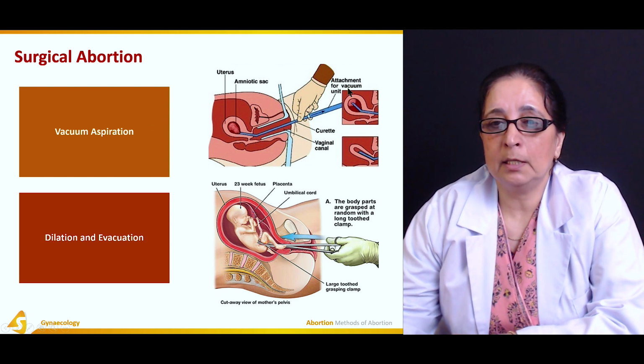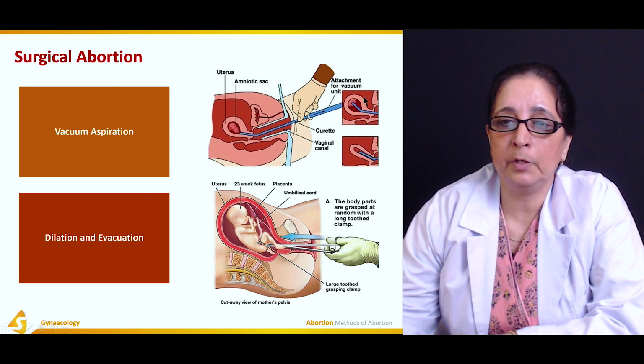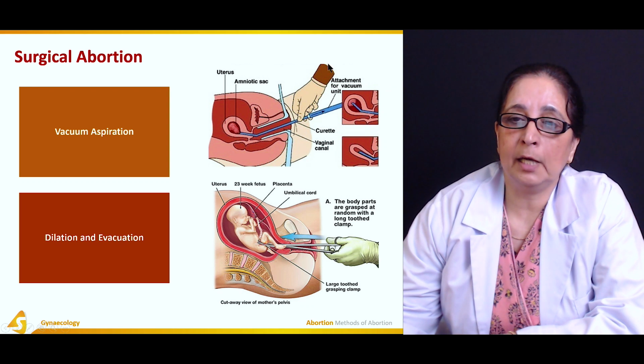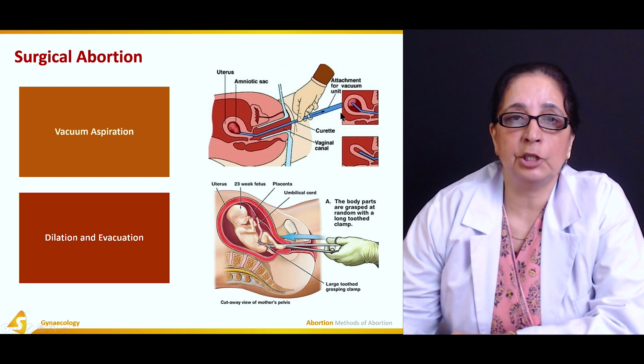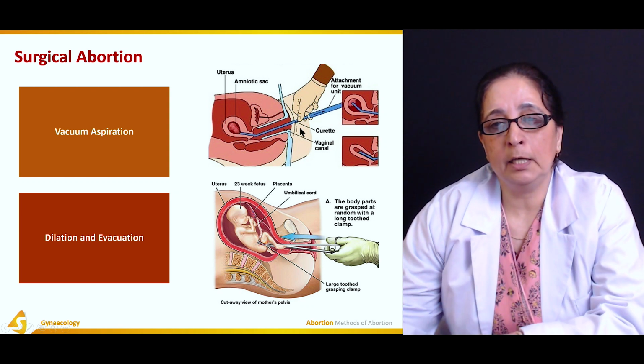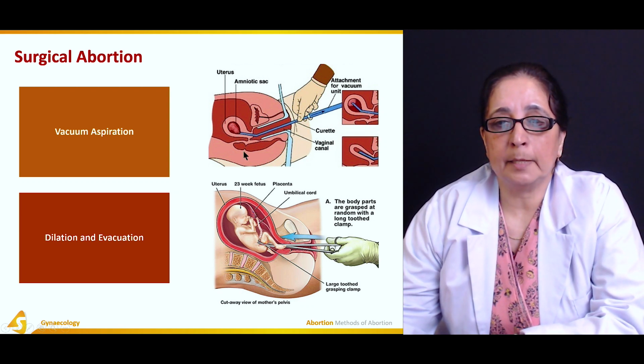Here if you see, it's the attachment for the vacuum unit. Usually the vacuum unit is attached, and through that unit the force or suction is applied that pulls the product of conception out.